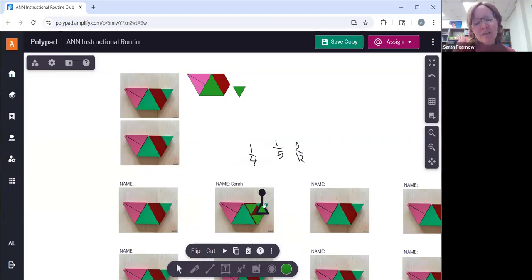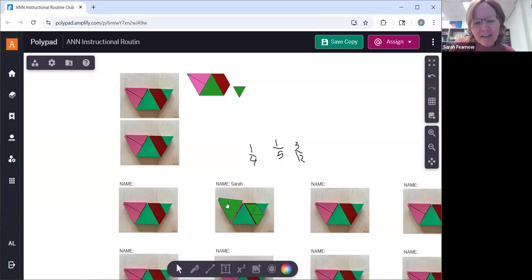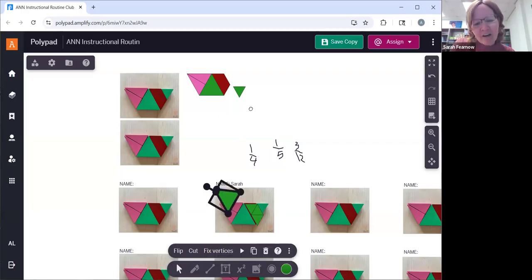And then I was assuming that the two pink ones together were equivalent to the big green triangle as well. So that made a total of 12 pieces. I don't know if you can follow all this. So what I have in my hand, which is the same size as the red, is three small green triangles out of 12.